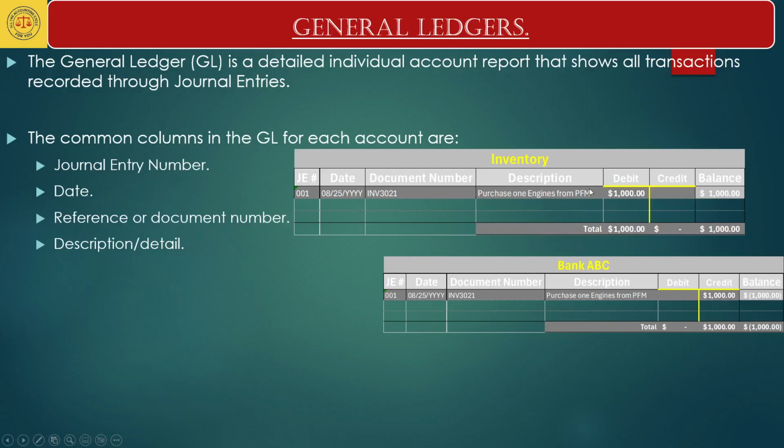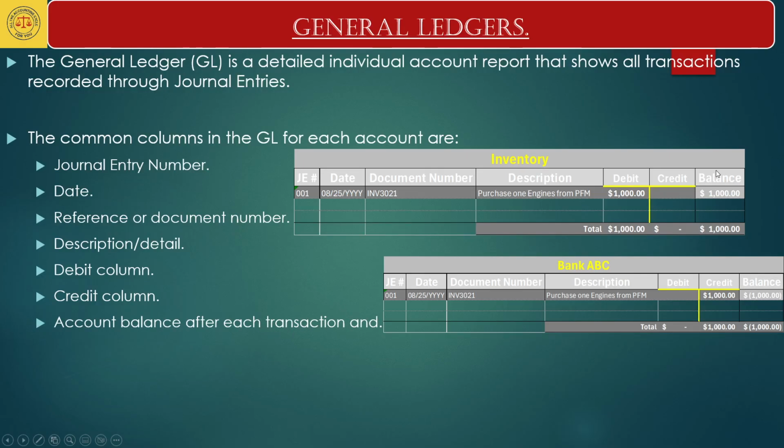This came from the same one that we put in the journal entry. It's nothing different there. Debit column. The same amount that we put in the journal entry is going to appear here in our general ledger. Credit column, the same amounts are going to appear here.